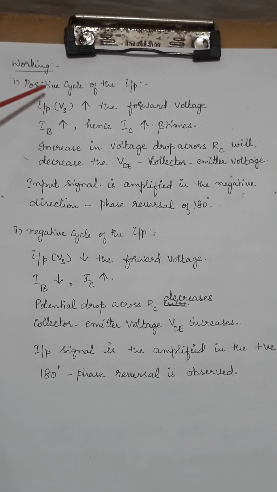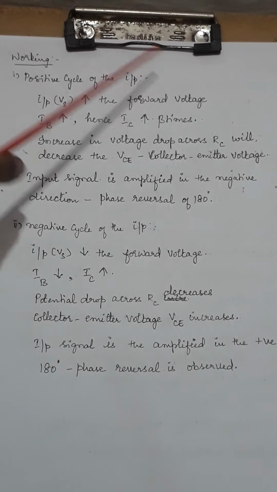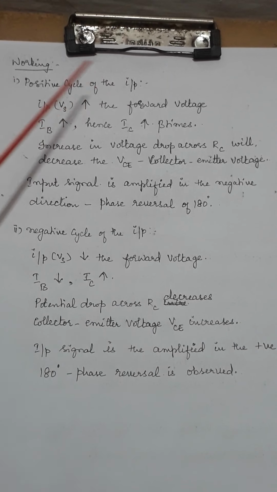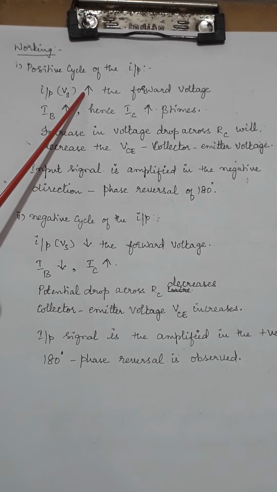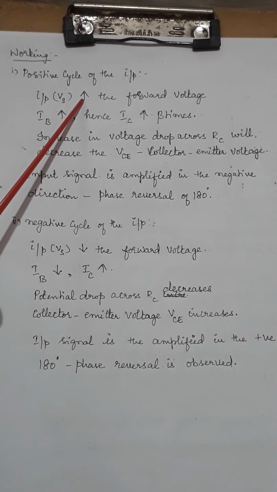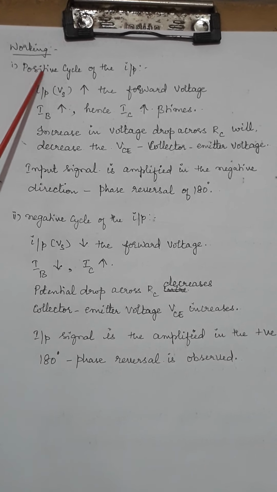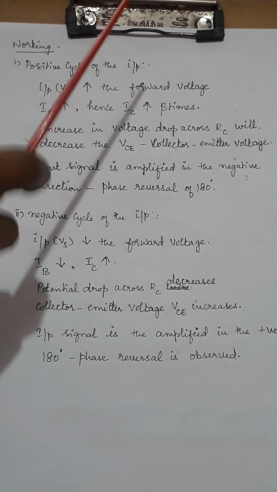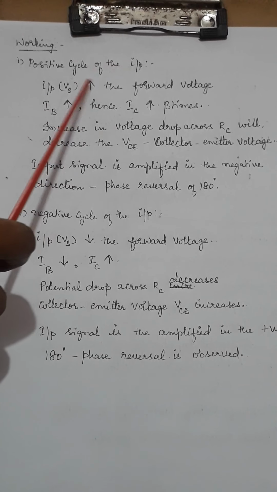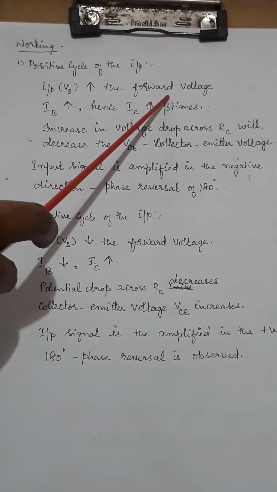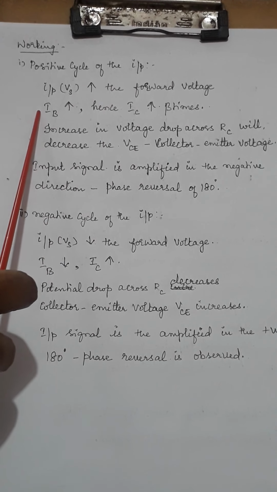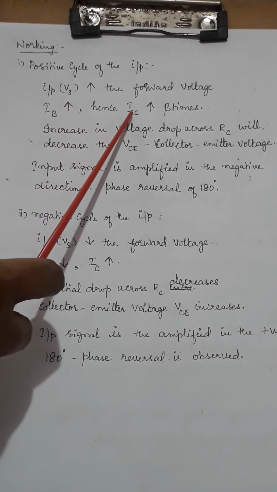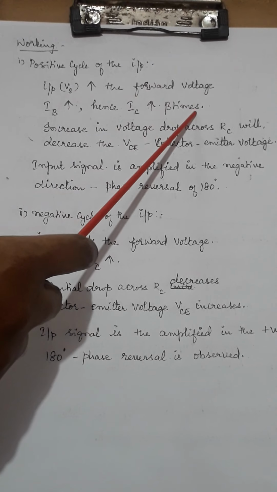That input is Vs. When Vs increases, it is on the positive side of the region. In that case the voltage becomes a forward voltage, so naturally IB will increase and hence IC will also increase beta times.